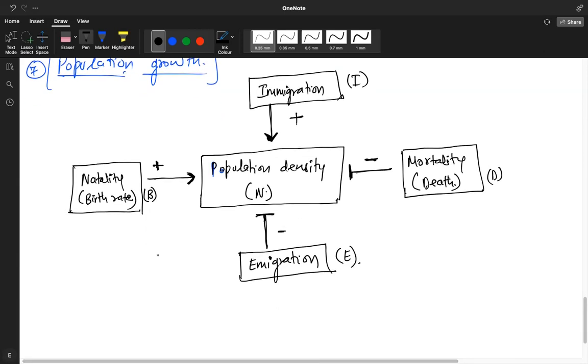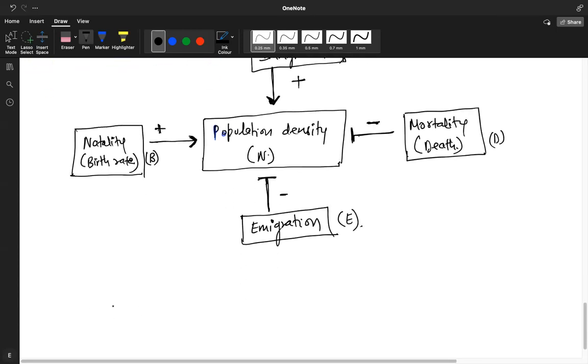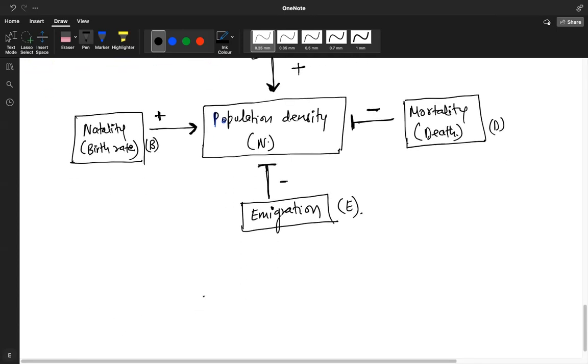So if I have a population at any given time, let's say I have a population which is known as N at time T. So N is the population density at the time T. And I want to find what will be the change, including all these factors, in that population at T plus 1.